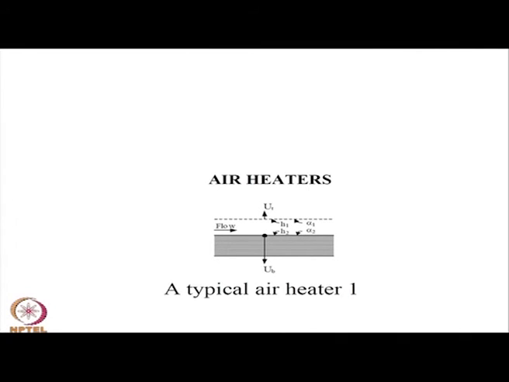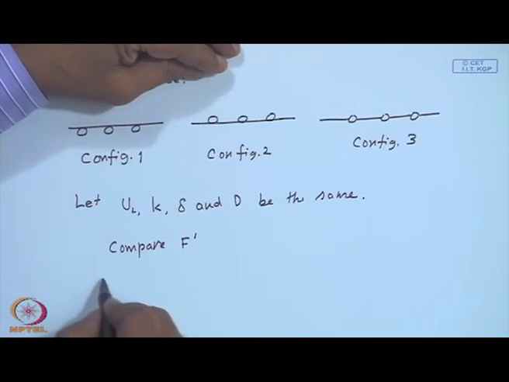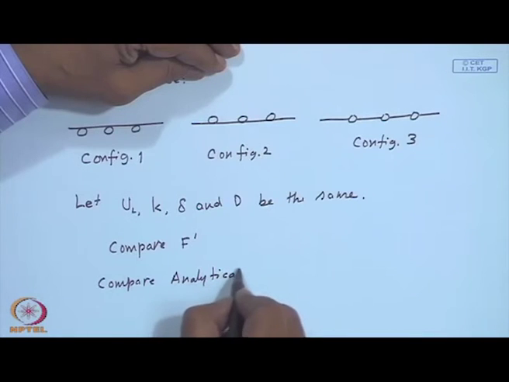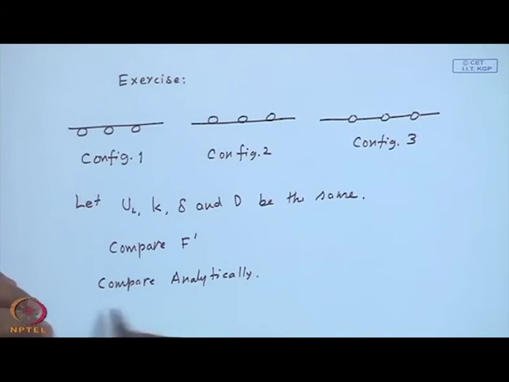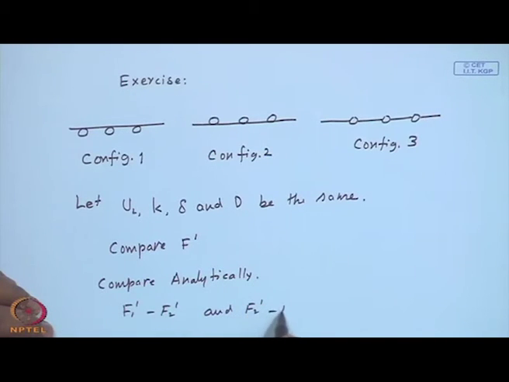So you can compare analytically. All you have to do is F 1 dashed minus F 2 dashed and F 2 dashed minus F 3 dashed. You will find out F 2 is greater than F 1 or F 1 is greater than F 3, etcetera, and you can say that this configuration is superior.